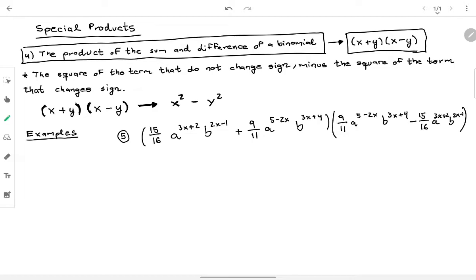So the next example is going to be something like this. Don't worry, we have fractions, we have letters as exponents, but it's the same.